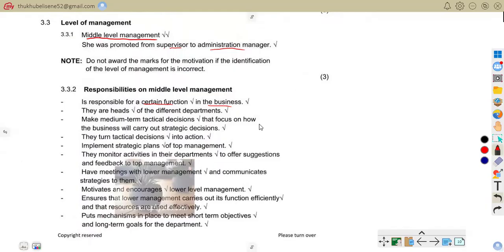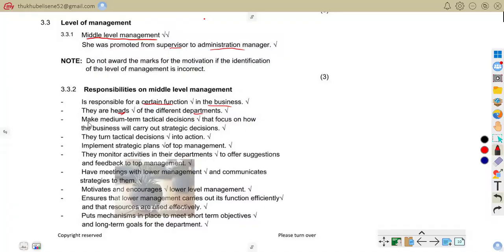For example, an HR manager oversees recruitment. They are heads of different departments. For example, a sales manager leads the sales team.